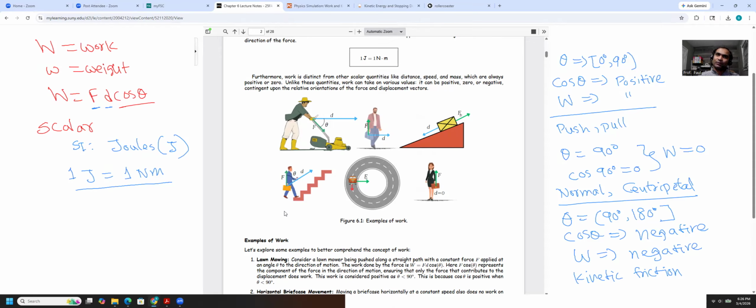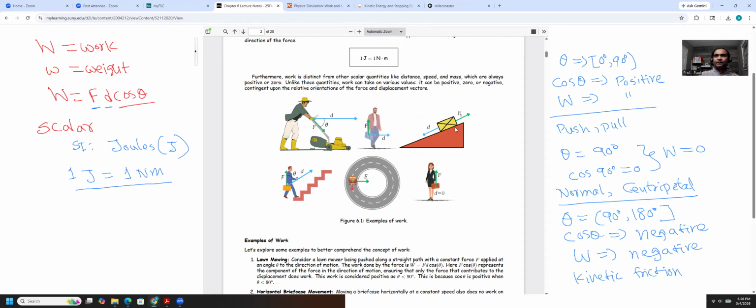Here gravity is downward, but you see this angle is not 90 degree, it is greater than 90 degrees. So gravity in this case does negative work. We will be solving some problems and you will see that, and it will probably make more sense than these.